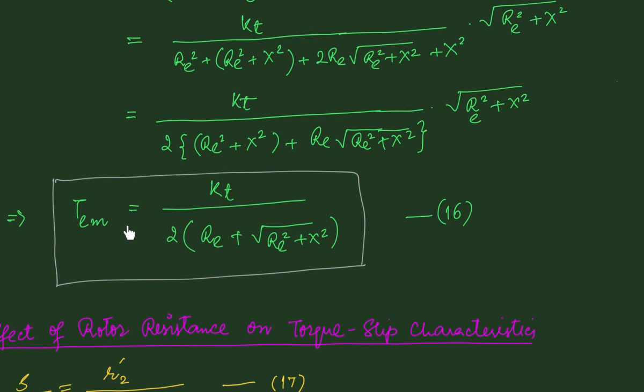Here TEM will be equal to Kt upon 2 times (Re plus square root of Re square plus X square).